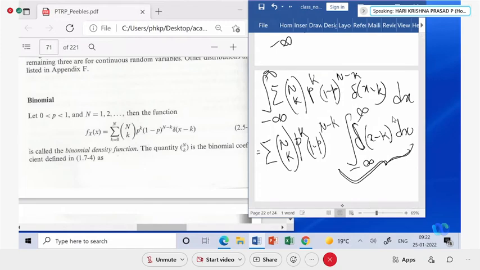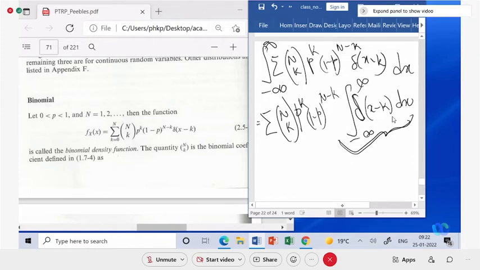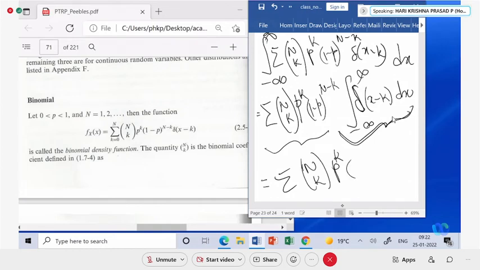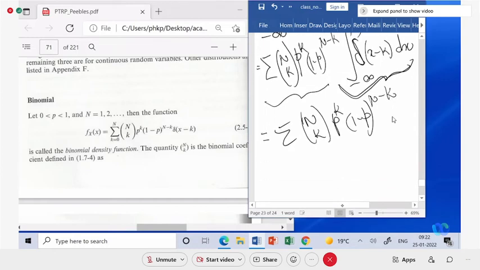Area under the unit impulse function. So this is nothing but this value. What is each one of these? It is the probability of occurrence of a specific event one time, or zero times.